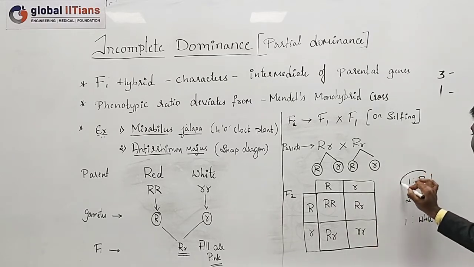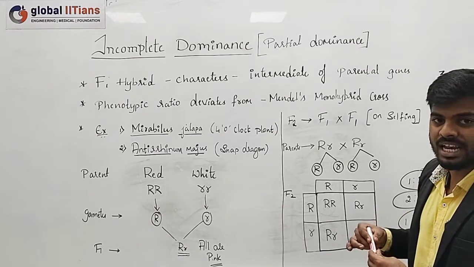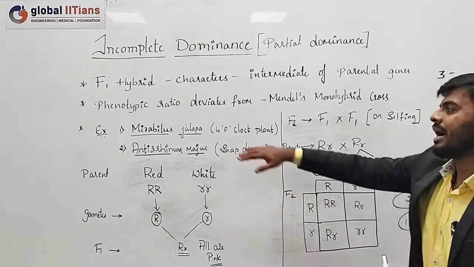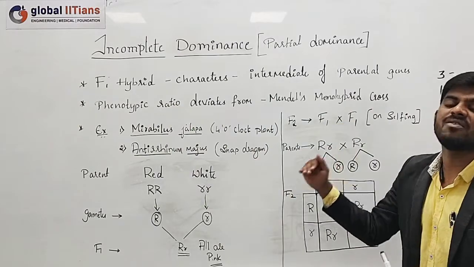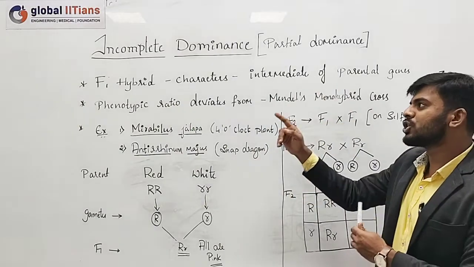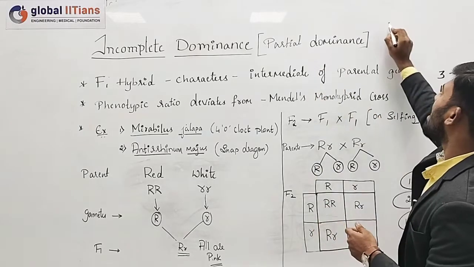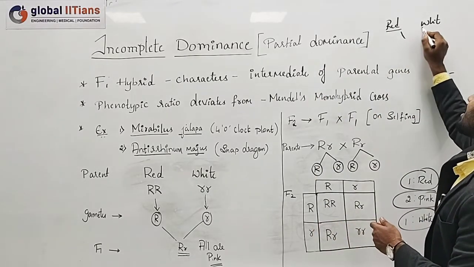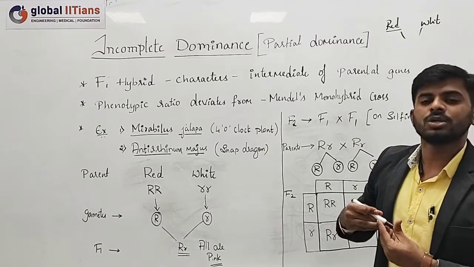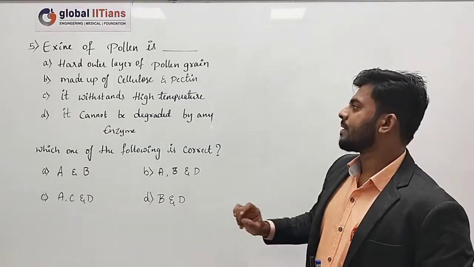But here we get 1 dominant, 1 recessive, and the 2 intermediate flowers are the same. So this is a ratio deviation, that is, the phenotypic ratio is deviating here. This is also called partial dominance. See here, the 2 alleles responsible for red and white are partially involved over here. That's why we call it partial dominance.